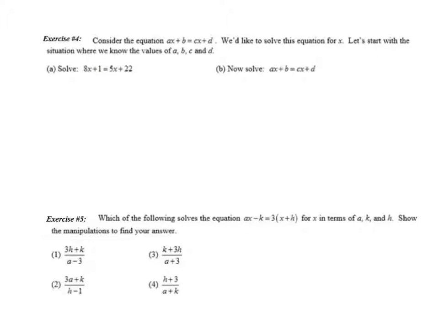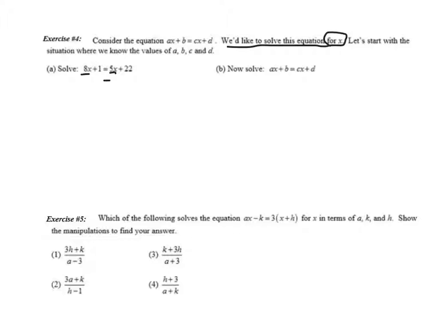Now we're going to look at a couple examples where we have to get the variable to one side. Again, we'd like to solve this equation for x. And let's start with the situation where we know the values of a, b, c, and d. Okay, here you've got an 8x on the left side, a 5x on the right side.